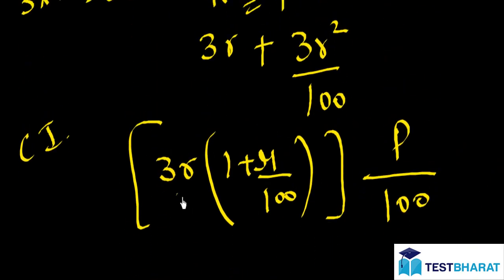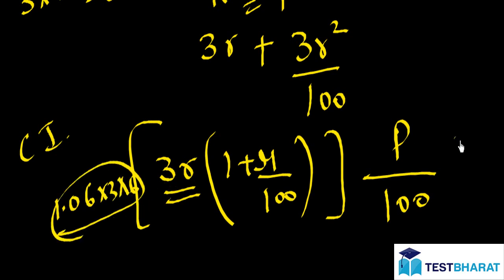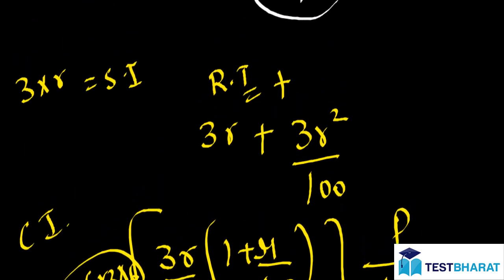So just do this. Just multiply 3 into R. 3 into R is very easy. Just do this also: 1.06 into 3 into R, let's say 6. Or you can simply, as you know the square of R, because generally R is given as between 0 to 20, so you know the squares from 0 to 20. Like 6, you know the square is 36, so you just need to multiply 36 into 3, that's 108, 1.08, and 3 into R is 18.